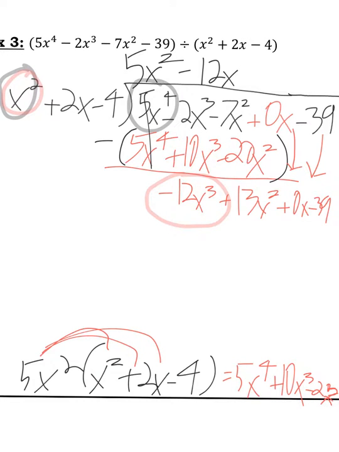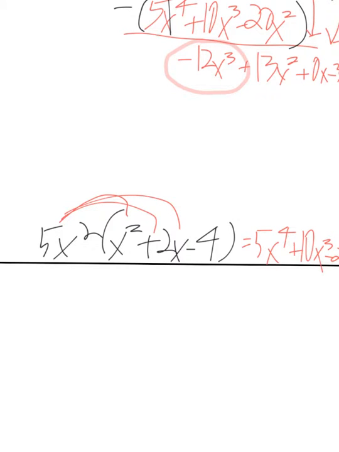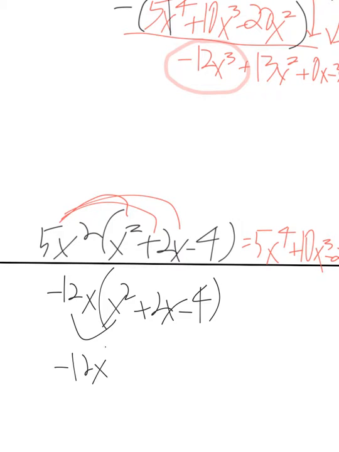So I'm going to be multiplying negative 12x times my x squared plus 2x minus 4. All right, so that's going to result in negative 12x to the third, it should always match that first term, minus 24x squared, and then plus 48x.